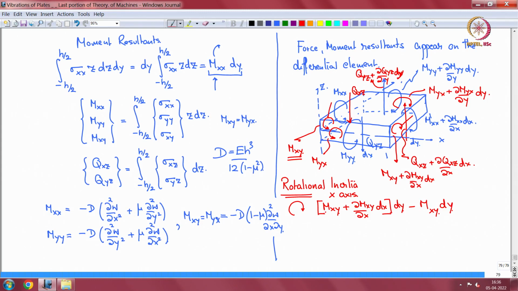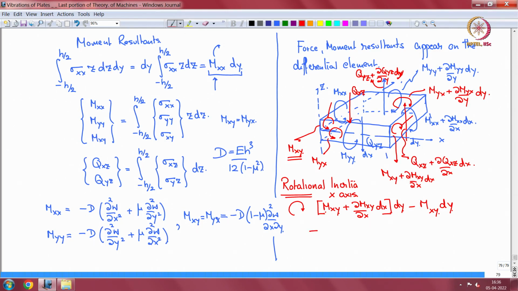Now the only other contribution is from the shear forces, which is in the opposite direction.